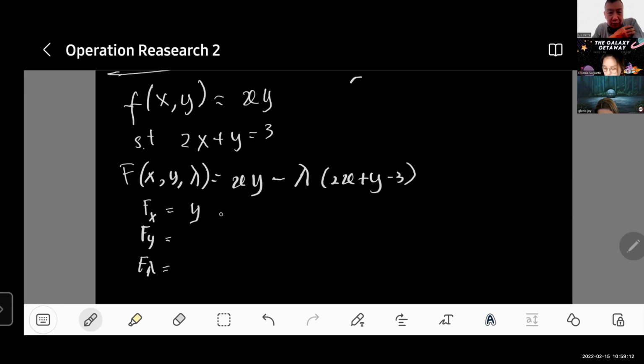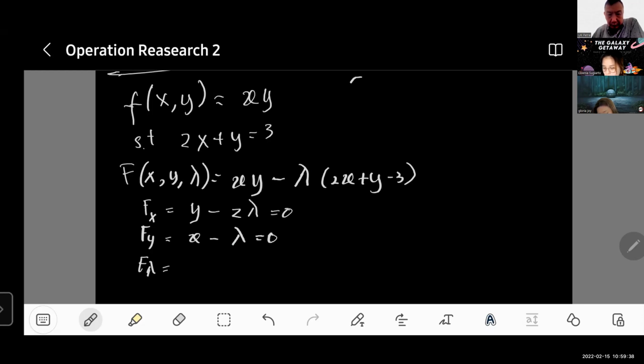How do you solve this? This one is 1 minus 2 lambda equal to 0. And then this one is x minus y, where the derivative of x to y is 1, so x minus lambda equal to 0.